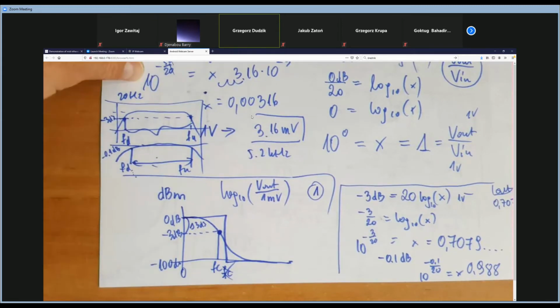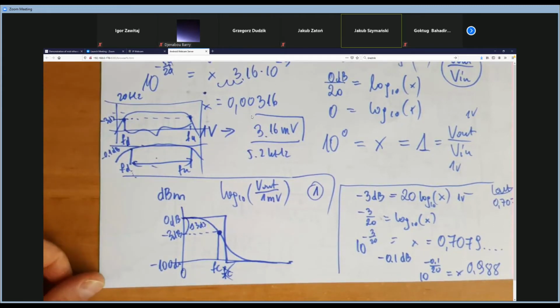Can I ask a question? Yes. So let's say we have the task of creating a switching converter with a frequency of, let's say, 100 kilohertz, that will generate 5 volts with ripple of 50 millivolts.